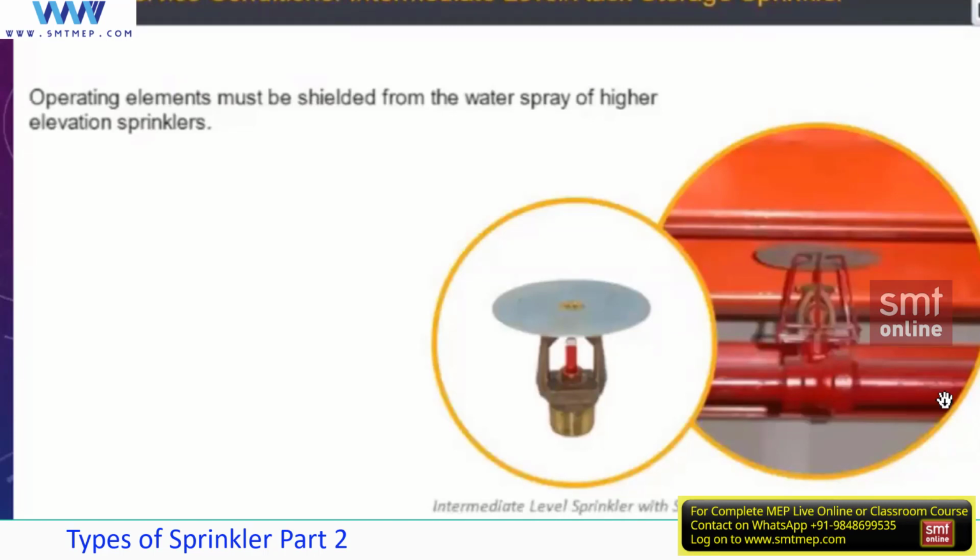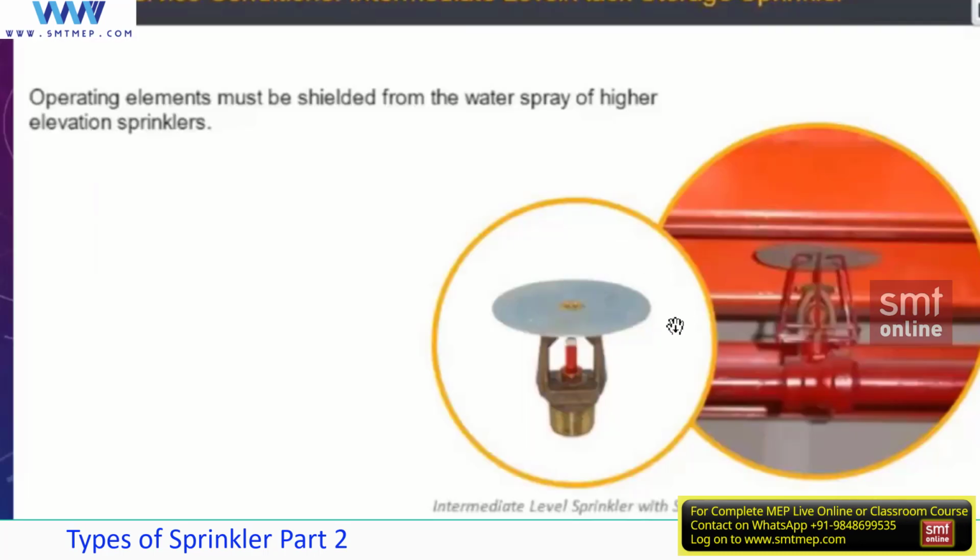Next, you see the intermediate level or rack sprinkler. Generally in a warehouse, you'll find different racks. Inside a big rack, we can use this type. The deflector type is different, not like a normal deflector.